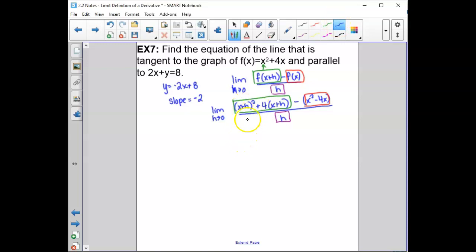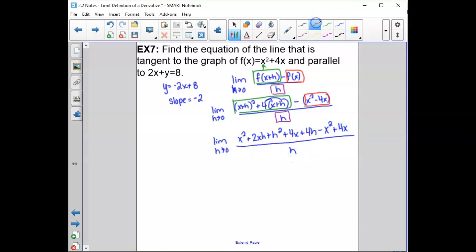When I do this, let me keep my limit notation. I'll have x squared plus 2xh plus h squared, and I'll distribute the 4 here, so I'll have plus 4x plus 4h, and then I'll have minus x squared minus 4x, and that's all over h.